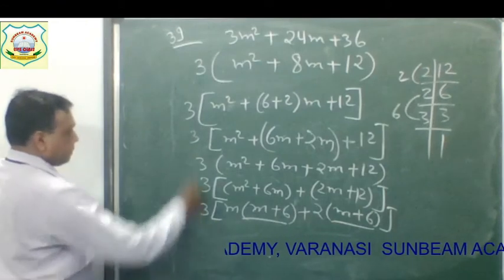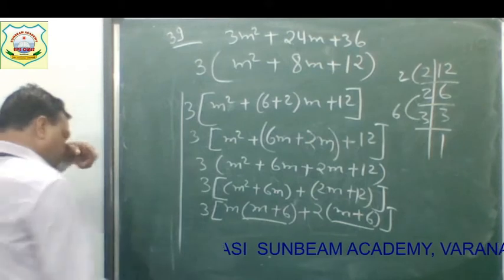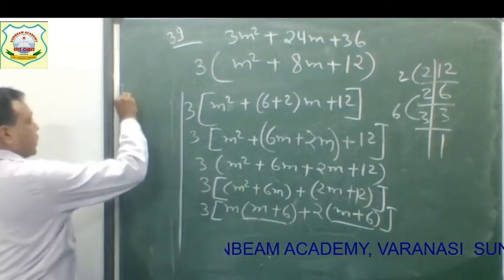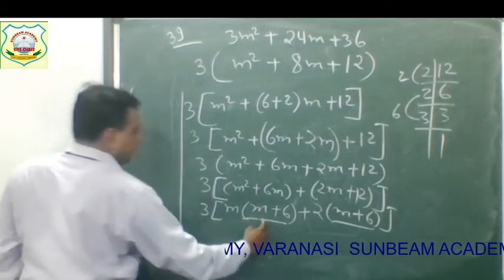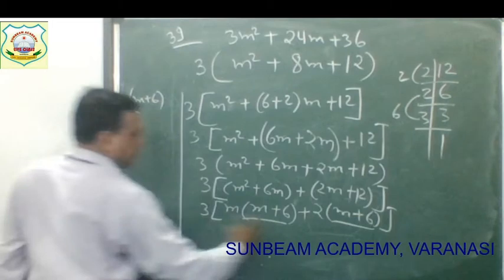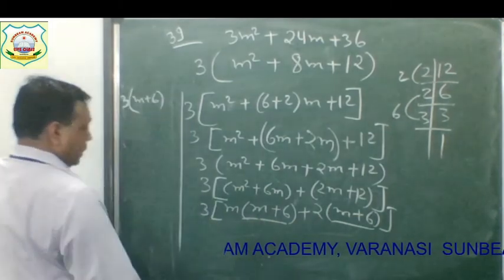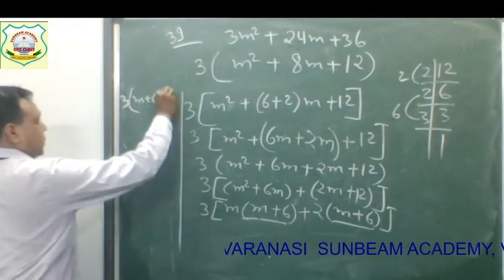So here we can write m plus 6 first, 3 outside, then m plus 2 will be left.